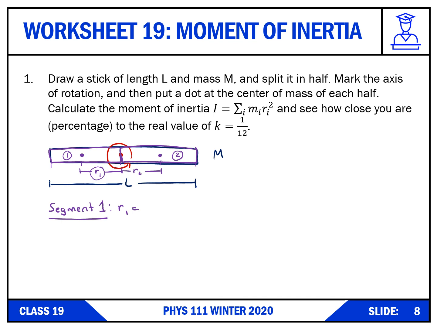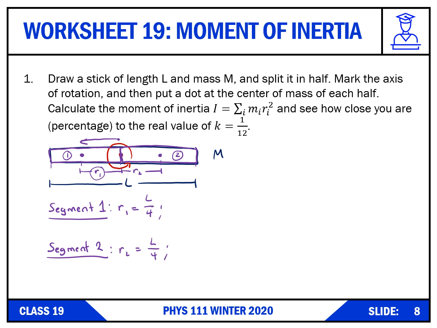That means from the axis of rotation here to this center of mass, it's L/4. So it's L/4 distance away from the axis of rotation. This also means that segment 2's R2 is also equal to L/4 away from the axis of rotation.